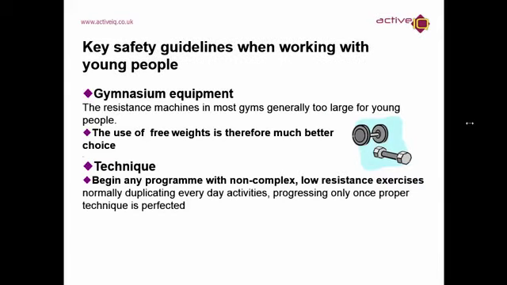So then what we've also got to look at is the size of the equipment that the person's using. So in the gym, the resistance machines are generally too big for young people. So what that means is the use of free weights is much better, because if you imagine putting a young person in a shoulder press machine, they're not going to be able to reach it properly and use it in an effective way.